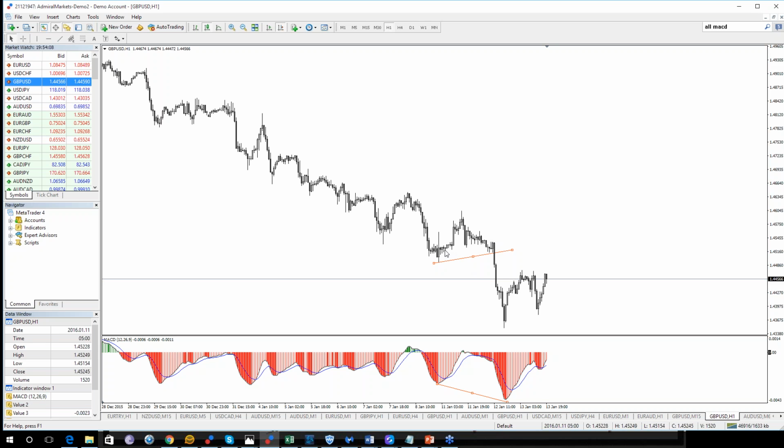But if you see a hidden bullish divergence in a downtrend, you don't take it as a valid technical point. You just forget about it because it's not important. It's not valid. The only valid divergences in a bearish trend are regular bearish and hidden bearish, not hidden bullish. Okay?